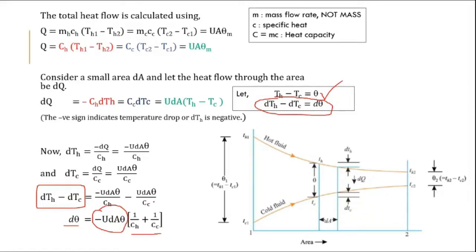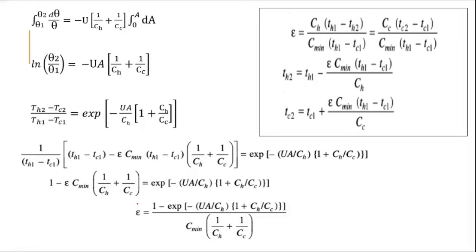Any doubt till this part? No, sir. Okay. Now we are going to solve this differential equation, with the same steps we used for the previous derivation. So we get d theta by theta is equal to minus U dA (1 by C_h plus 1 by C_c).